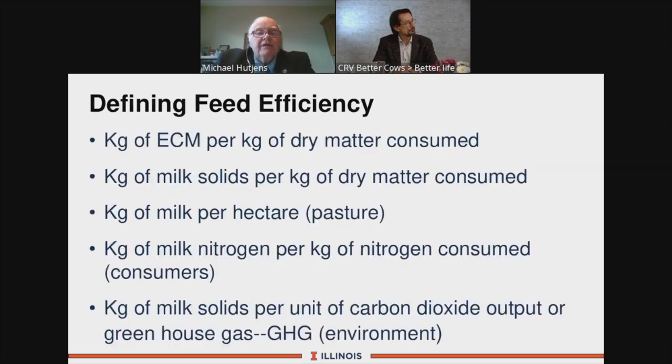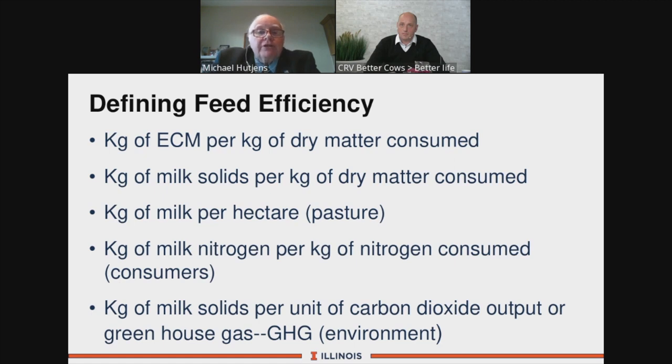So a lot of ways of defining feed efficiency. The most common one, as Joost pointed out, is the first one: kilograms of energy-corrected milk per kilogram of dry matter intake. I think you'll see us here in central Illinois going to the next one: milk solids per kilogram of dry matter intake, because that is how our milk is priced. Kilos of fat, kilos of protein is driving the value of milk.